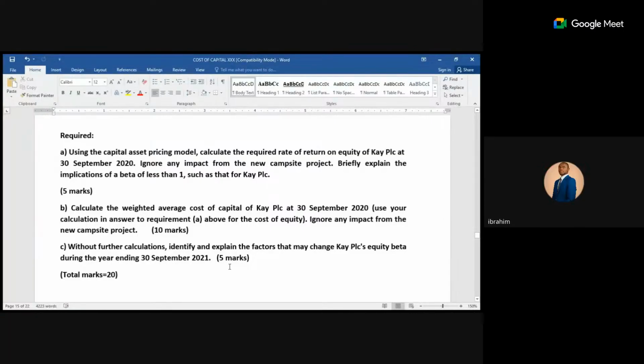So, class, what are the things that may actually change the equity beta of KPLC?